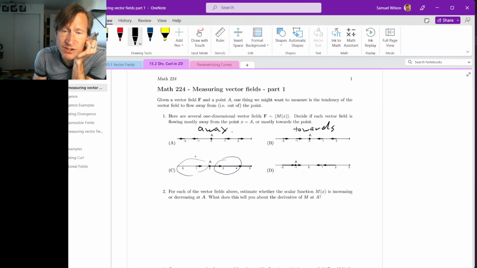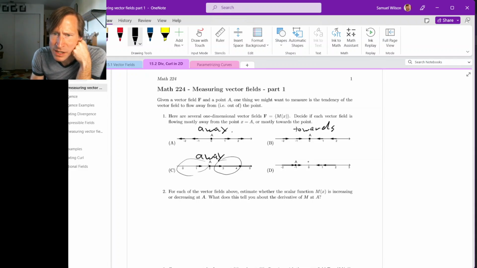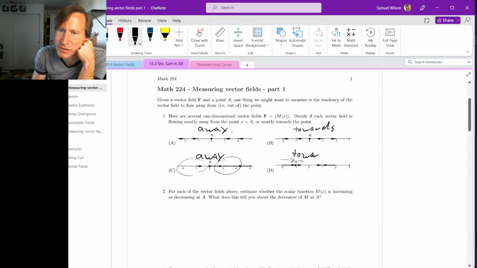So in total, on net, there's more flowing out than flowing in, so fluid is flowing away from the point A here. By the same token, for this example D over here, it looks like fluid is flowing into A a lot, but out of A only a little bit, and so in general, fluid is flowing towards A, not away from A.